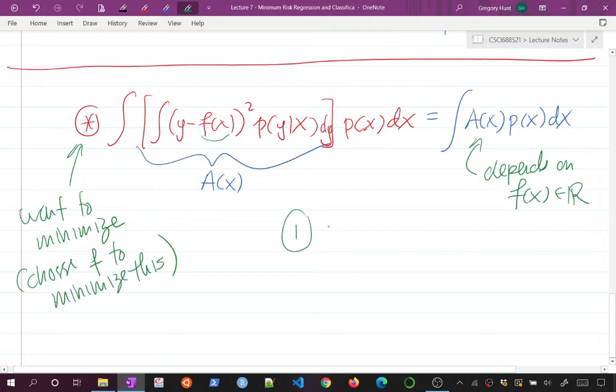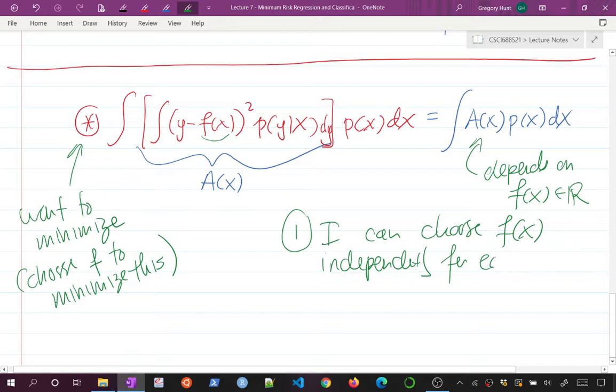So let me write that down. I can choose f of x independently for each x. I mean independently, so I can choose f of x at one value and a different value, and they're unrelated. They don't affect each other.